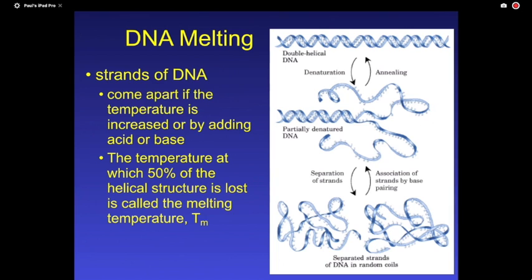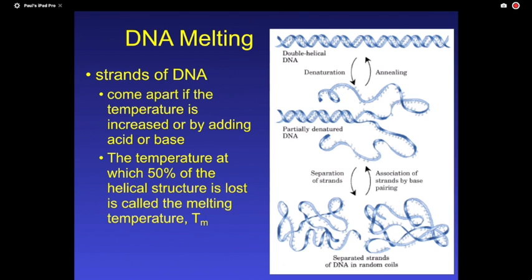Now, in general, if we take a double-stranded DNA, we can unravel it. Another name that we can call is denature it. Pull it apart. Another term that we talk about also is we melt it, and we can get two single-stranded copies of the DNA.